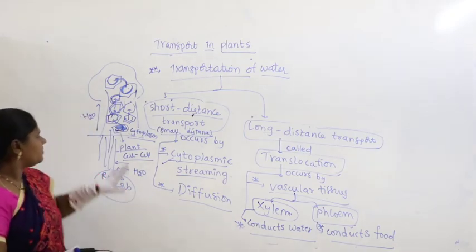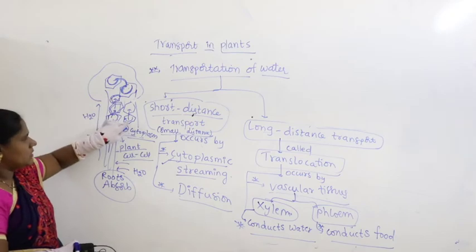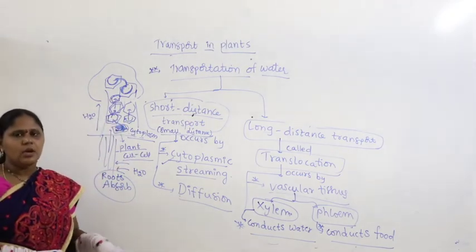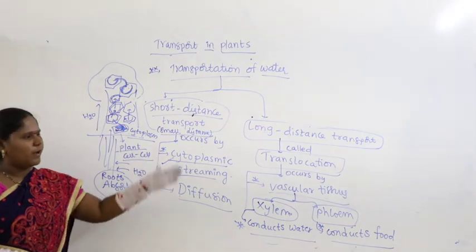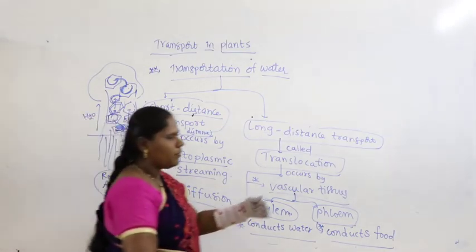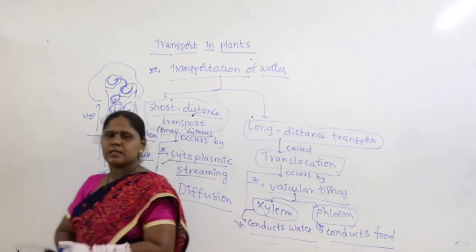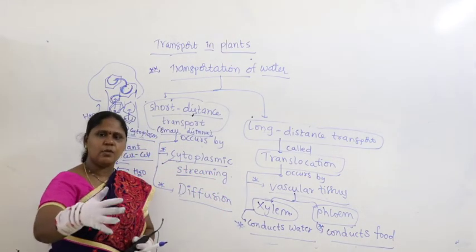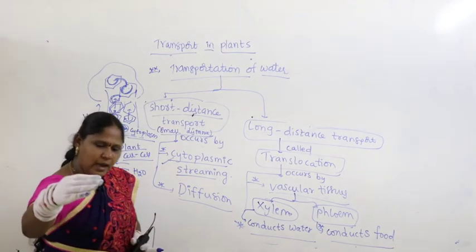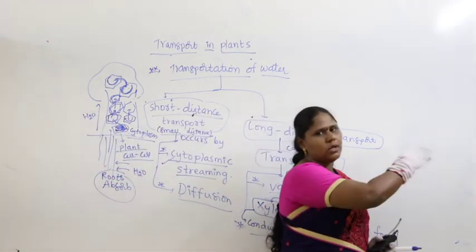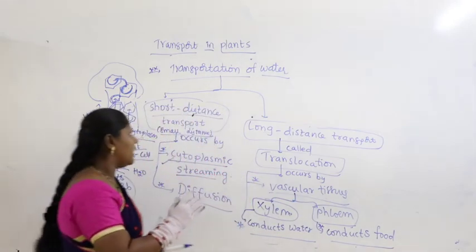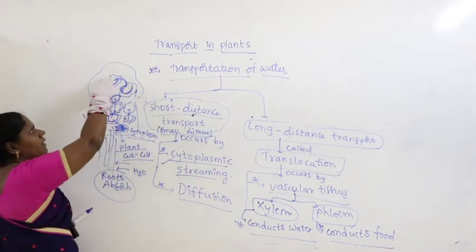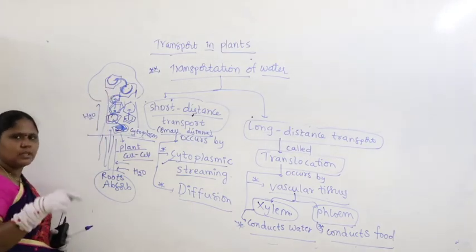I repeat again. Within the cell, cytoplasm is not constantly stuck to one place. Cytoplasm keeps moving from one place to another, like how I am moving from one place to another. If I am the cytoplasm, when I am moving like this, whatever excess water and minerals I find, I will take along with me and push outside. So cytoplasm keeps moving, maybe clockwise or anti-clockwise, within the cell.